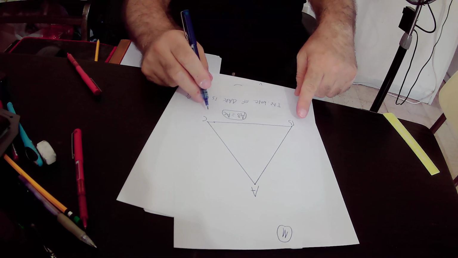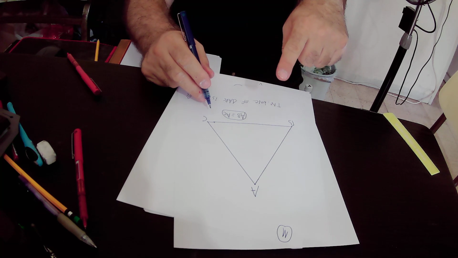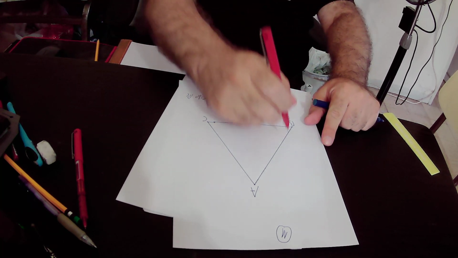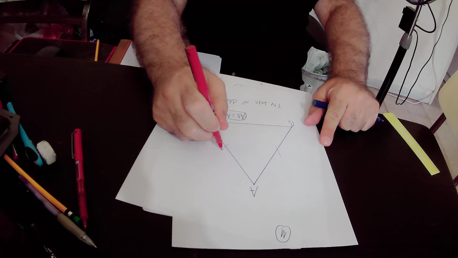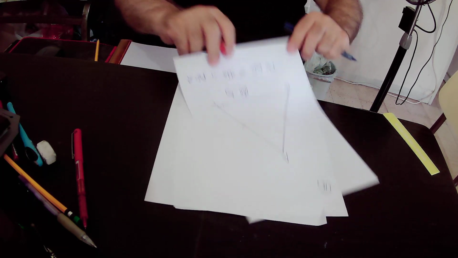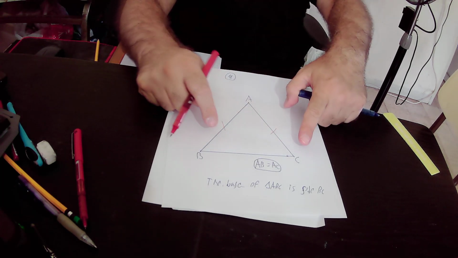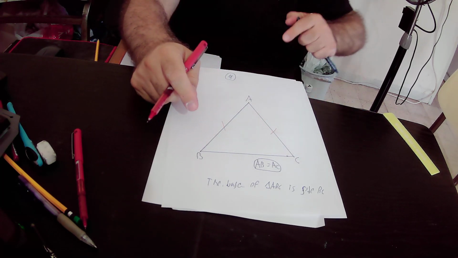Again, the side BC is the base of triangle ABC. We know that AB equals AC, and the base of triangle ABC is BC.